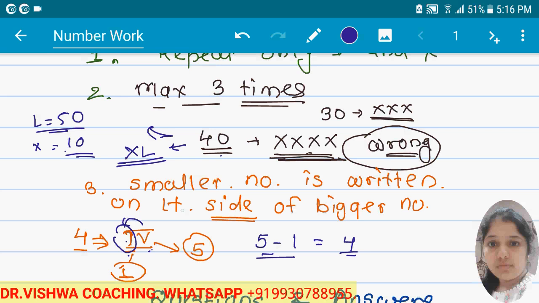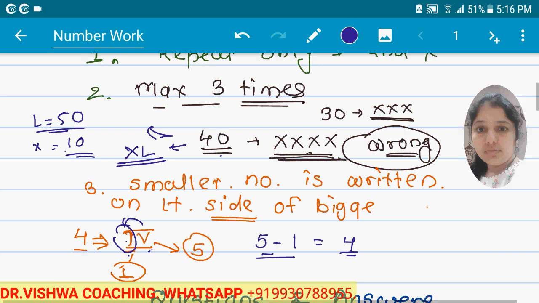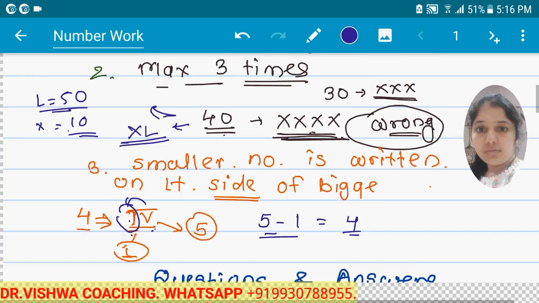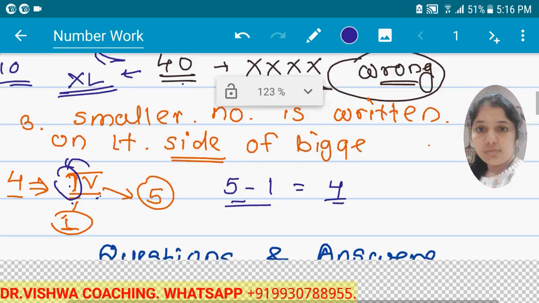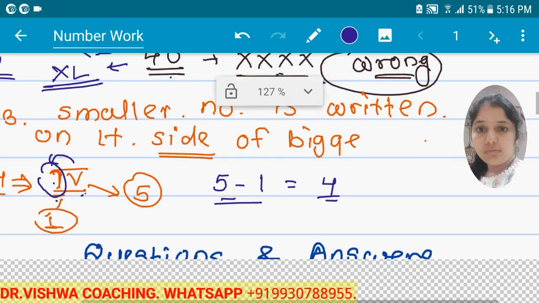This is our rule number 3, where the smaller number is written at the left side of the bigger number, and we subtract the smaller number from the bigger number. Now the next rule is the opposite of this rule.